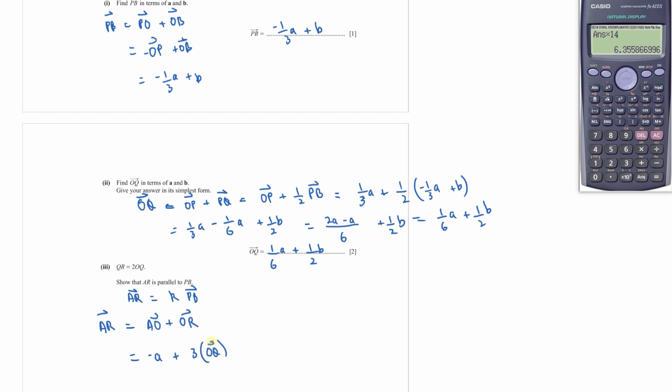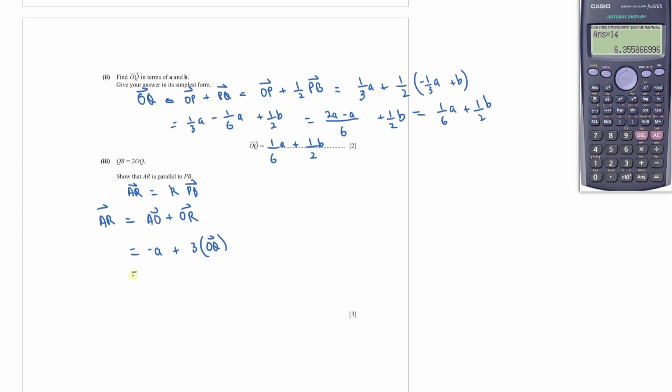Substituting the value of OQ, this will be minus a plus 3 times (1 by 6a plus 1 over 2b). Let's open this bracket: 3 ones are 3, 3 twos are 6. So this becomes 1 over 2a plus 3 over 2b. And minus a plus half a will be minus half a. So I can write this as 3 by 2b minus 1 over 2a. So this is my vector AR.